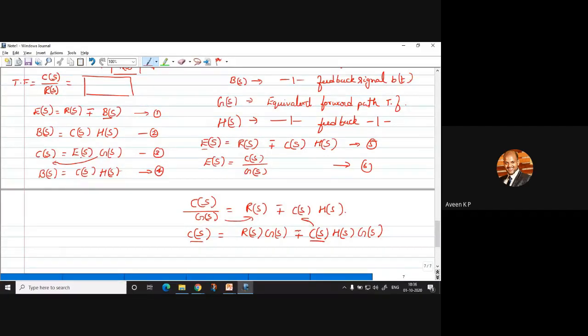If it is minus, it becomes plus, and if it is plus, it becomes minus. So C of S stays as it is on the LHS, plus or minus C of S, H of S, G of S, is equal to R of S multiplied by G of S.